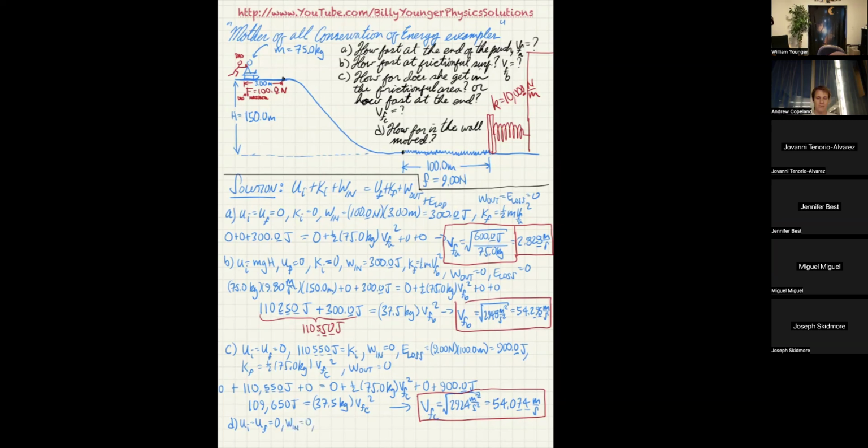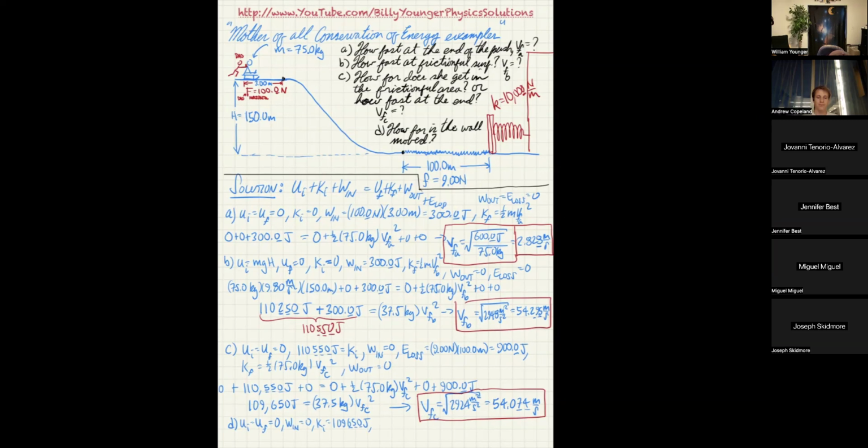I'm going to get that the kinetic energy is in fact 109,650 joules, but the 650 are not significant. The work in is 0. The U final we already said was 0.